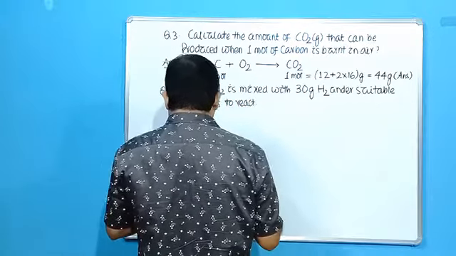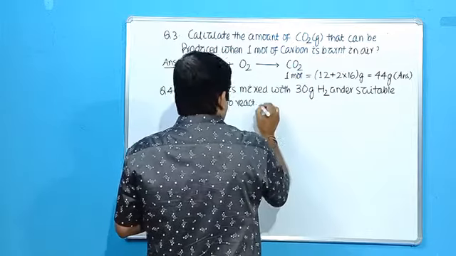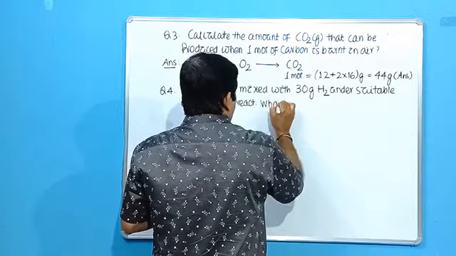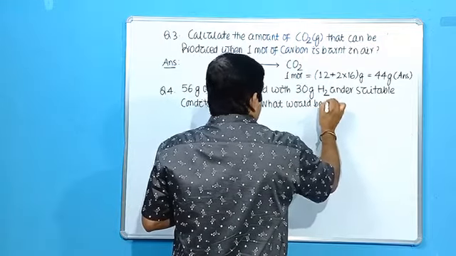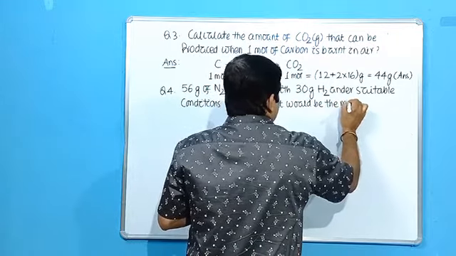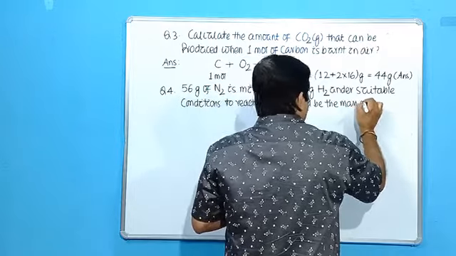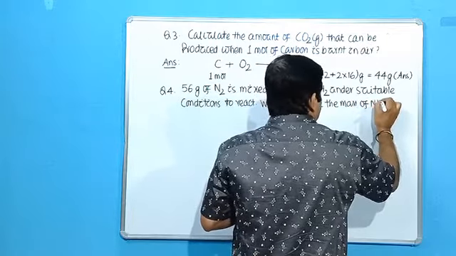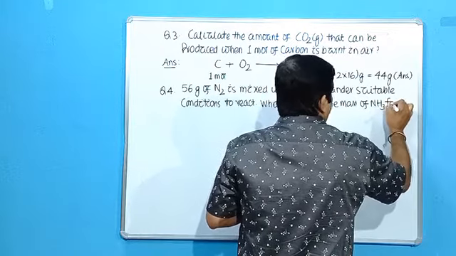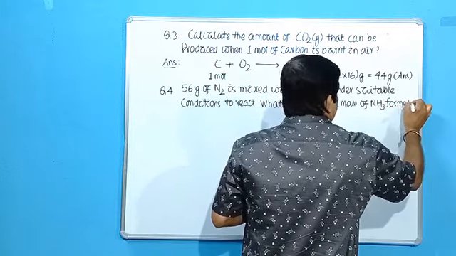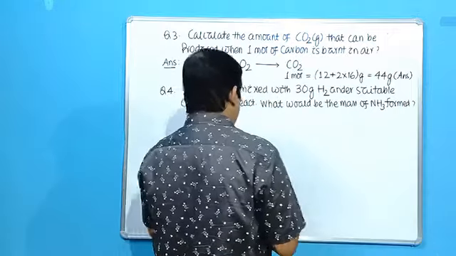Okay. What would be the mass of ammonia formed? What would be the mass of ammonia? Ammonia is NH3, formed. So this is the question.